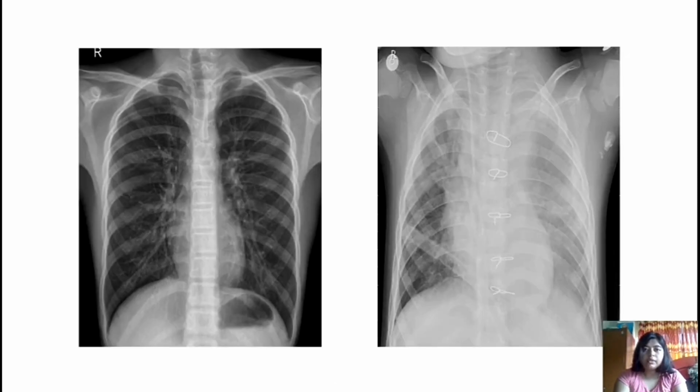Now, how to detect whether a lung is pneumatic or not? As you can see on the left hand side, this is a normal lung and this is a pneumatic lung. So here, as you can see, all the distinction between the lung and the other parts, like this is the left heart, this is the right side of the heart, and these are the floor of the diaphragm.